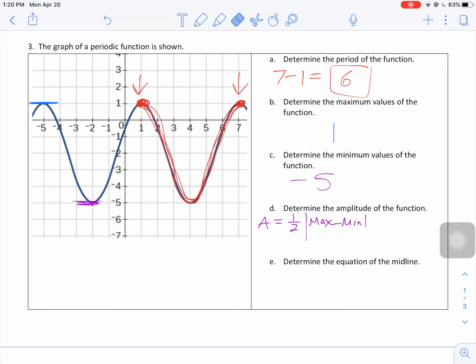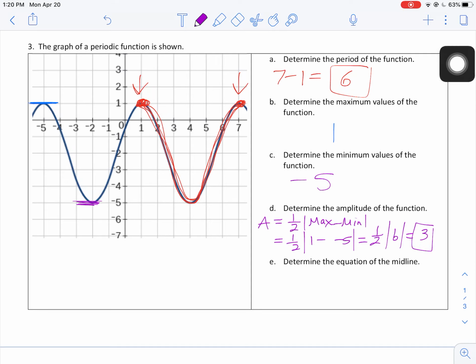So we have 1/2. The max was 1 minus the minimum was negative 5. So that's equal to 1/2 times the absolute value of 6. And the absolute value of 6 is positive 6. So 1/2 times 6 is going to be just 3.